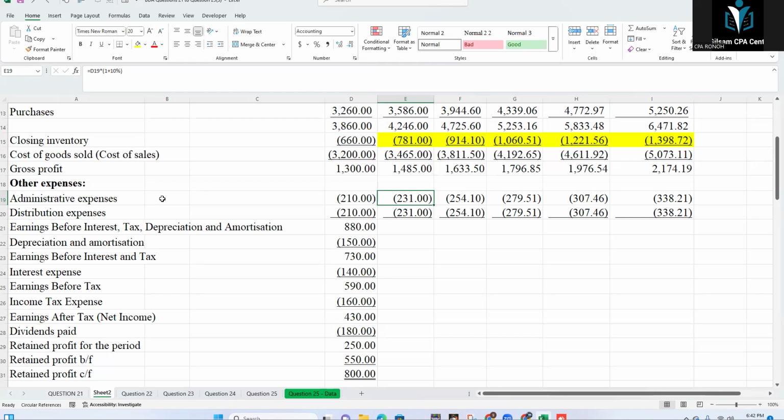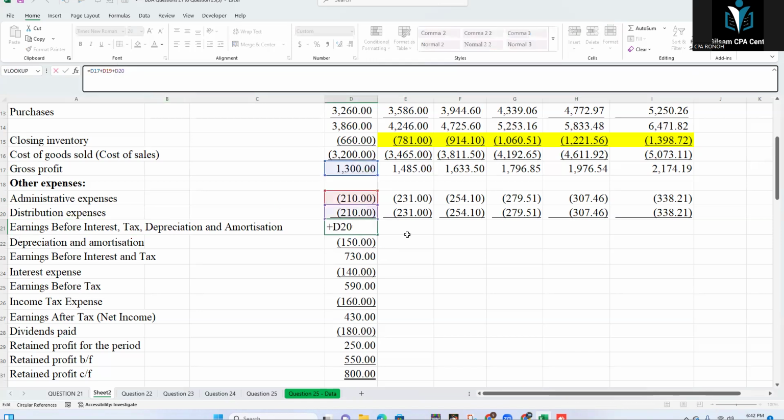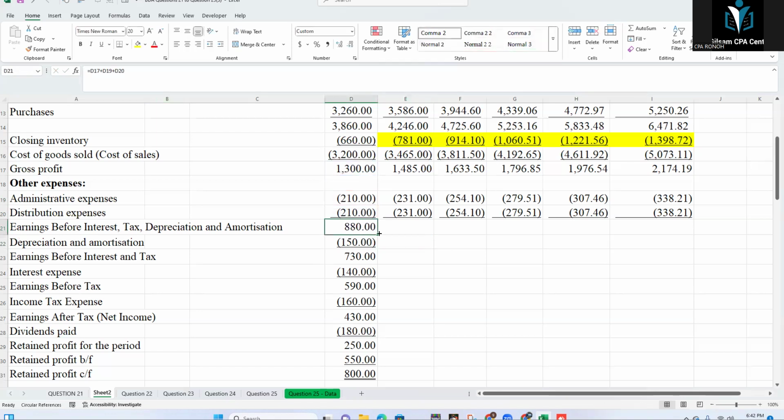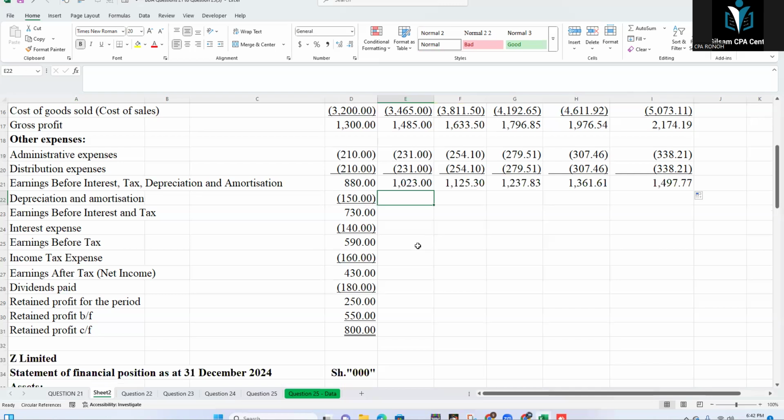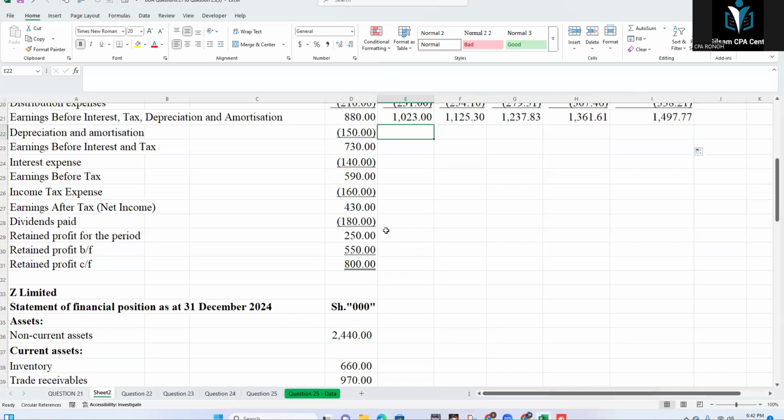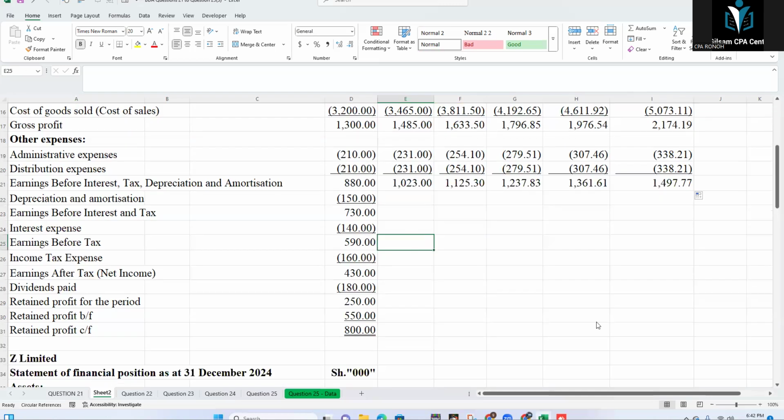Good. So for us to get the earning before interest, tax, depreciation, and amortization, you just need to click and see that is the reference. You don't need even to do more, you just need to drag this to get that. What about the depreciation? We were told there is a rate for depreciation here.